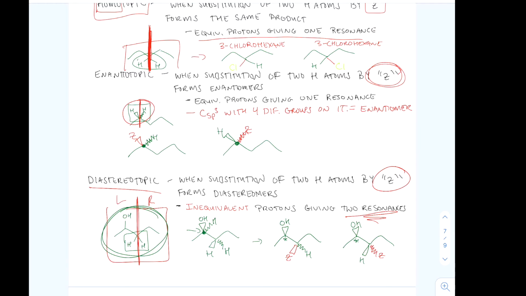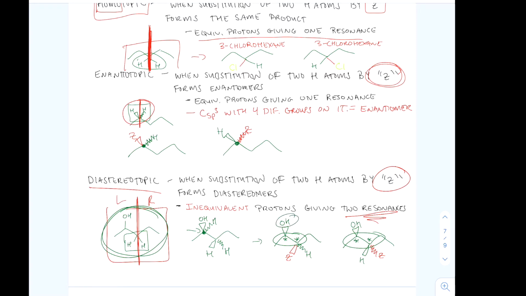When we substitute out for Z, we created a new stereogenic center, right? And so that's really what the definition of a diastereomer is. It's 2 different stereogenic centers, aka sp3 carbons with 4 different groups on them, and they are more or less projected in a different direction.